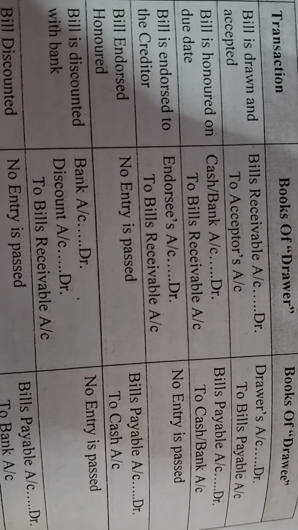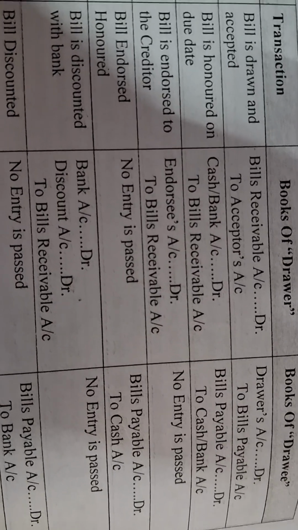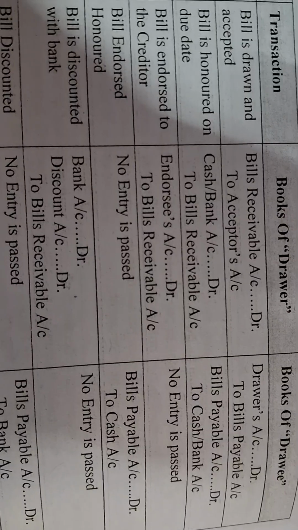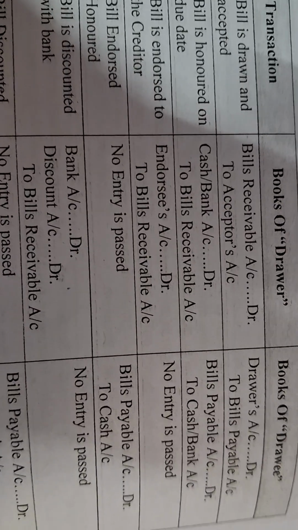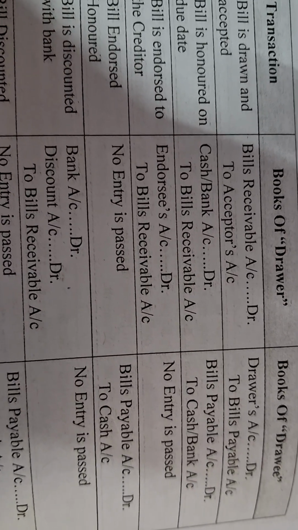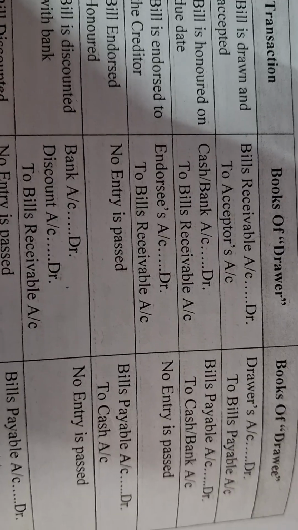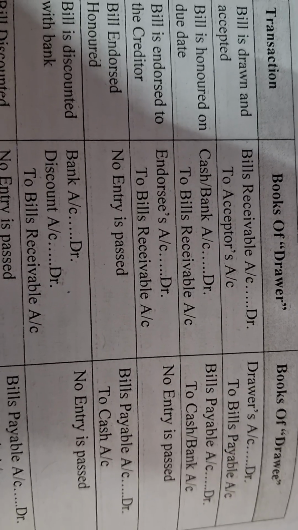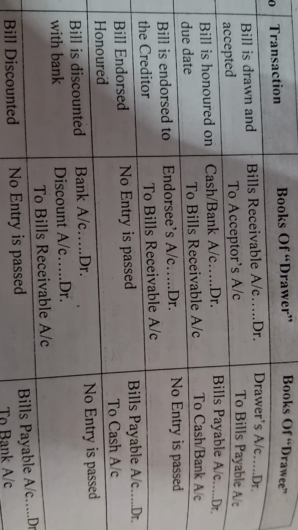Who is the acceptor here? The drawee. The other party is the acceptor here. Whereas in the books of drawee, drawer's account debit to bills payable account. Here the drawer is the person, the first party who has made the bill.